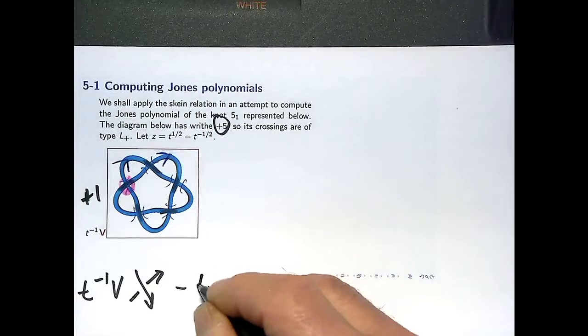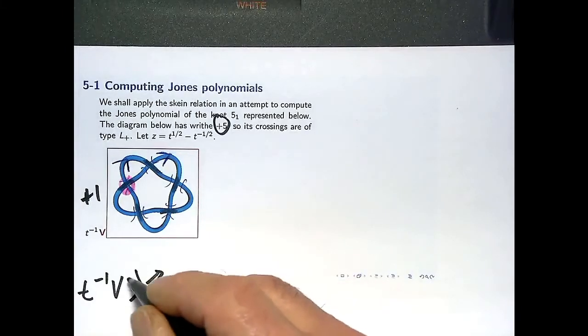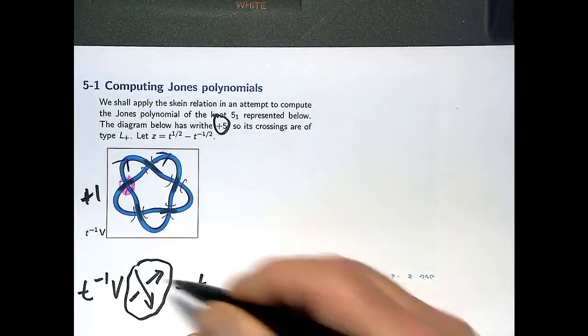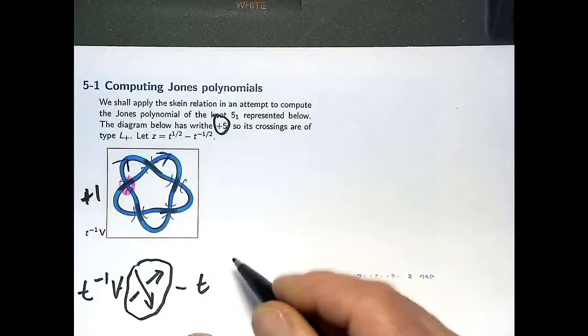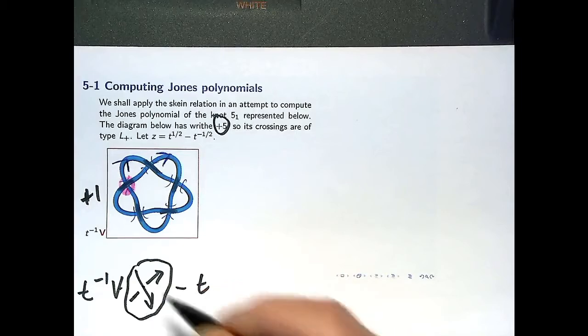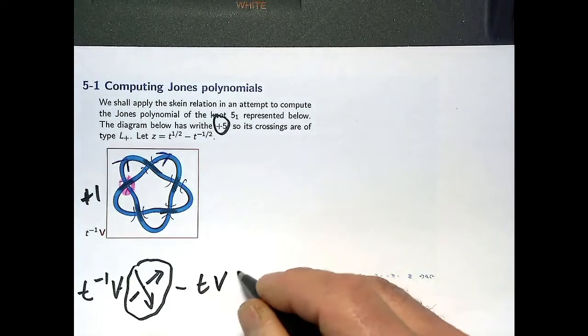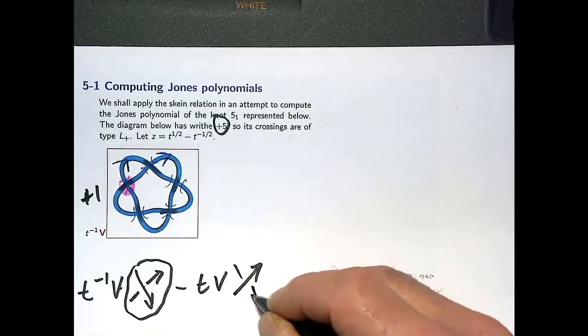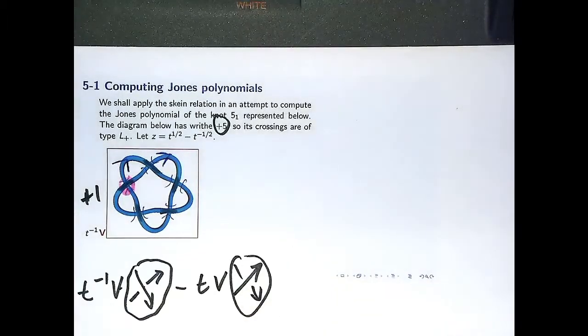Then it would be minus T, so it's really just the part of the knot with that. I mean it's V of the knot, but we're only going to change the part near this crossing. So when we reverse the crossing, we'll get this picture here, and the rest of the knot stays the same.